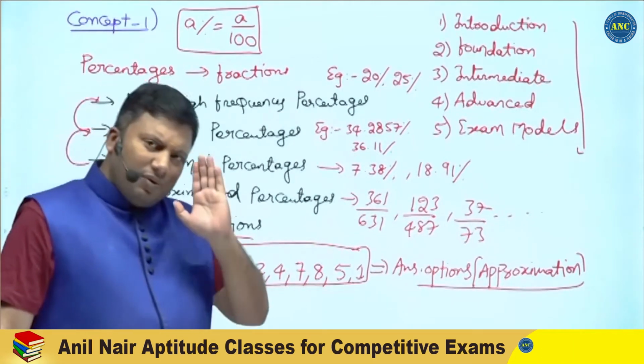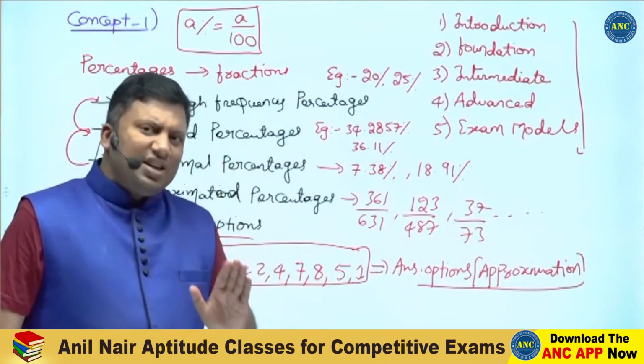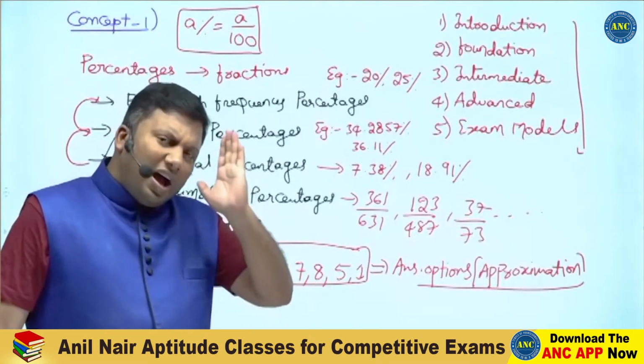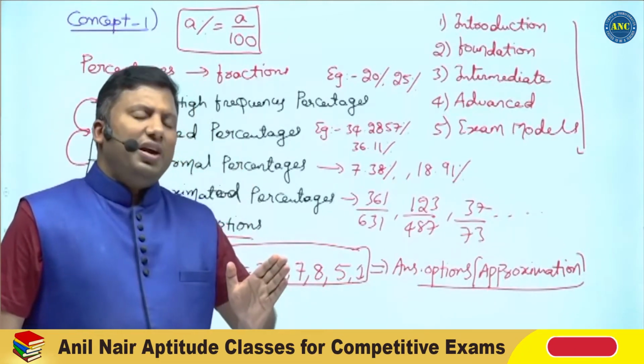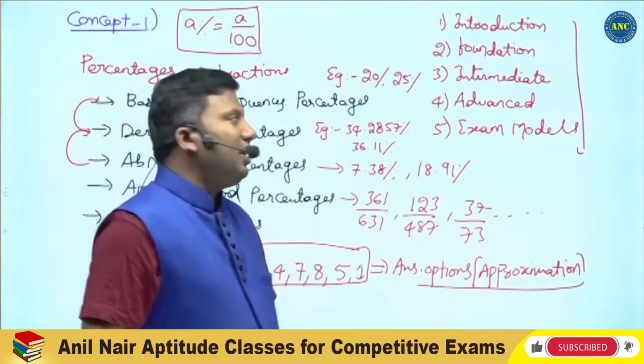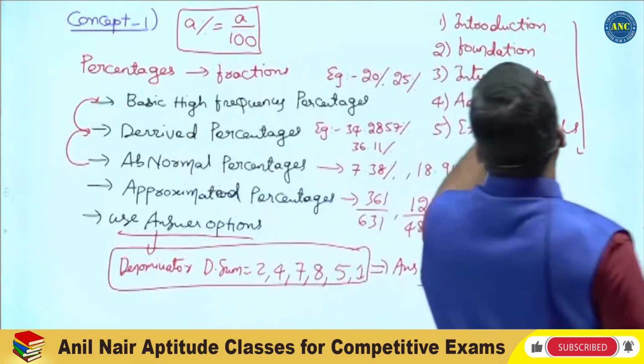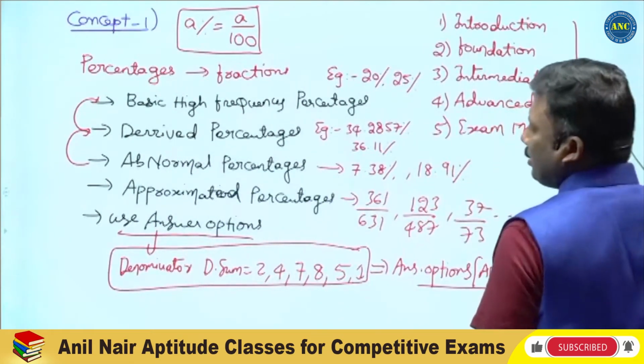Very, very interesting. We will go very slowly, very steadily. We will solve as many problems as possible so that right after this week is over, you are damn good at percentage. Introduction, foundation, intermediate, advanced and an exam model.